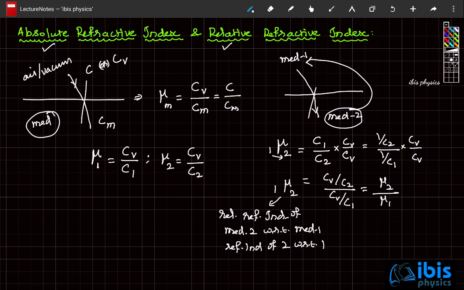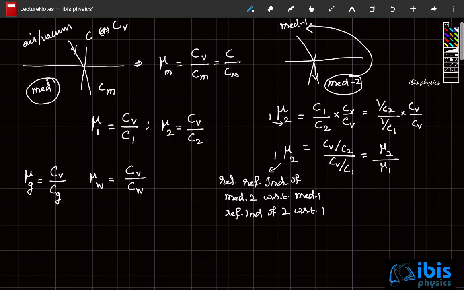So let us say the absolute refractive index of glass is the velocity of light in vacuum by the velocity of light in glass. The absolute refractive index of water is the velocity of light in vacuum by the velocity of light in water. So the refractive index of glass with respect to water, that is equal to, based on this formula, mu 21 equals mu 2 by mu 1.